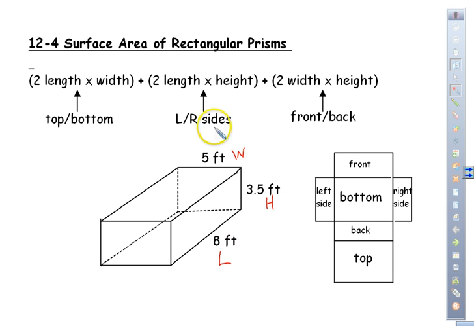So now that you have them labeled, now it's just a matter of plugging it into the formula. Okay. So now we have 2 times the length, which is 8, times the width, which is 5.